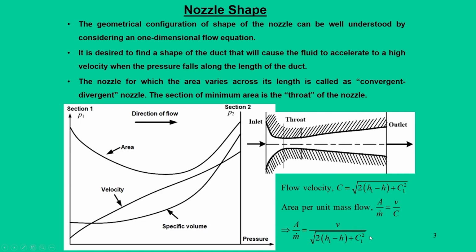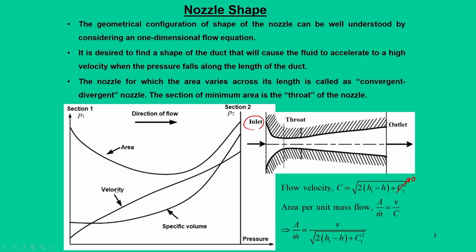Now, in most situations while talking about nozzles, we normally neglect the inlet velocity, because the inlet conditions come from a reservoir, for which the flow velocity is negligible as compared to the velocity at any other cross sections in the nozzle.